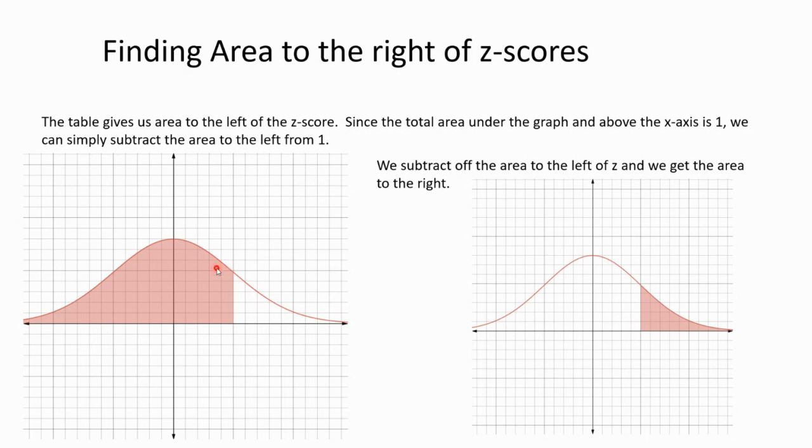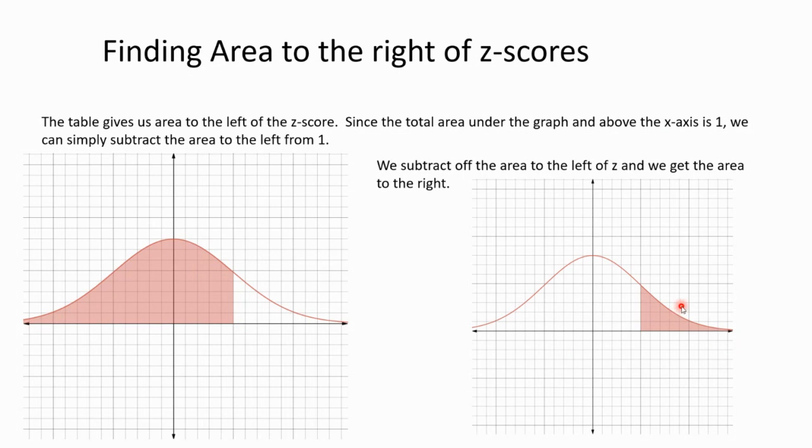So we're basically eliminating what we don't want, and what's left over is what we do want. So we're going to throw away the area to the left of that z-score. What we're left with is the area to the right. But wait a minute, how do you throw away that area? Well, you subtract it from 1. Since the total area under the graph is 1, if we subtract this off from the total area, we're left with this piece, which is the same as over here.